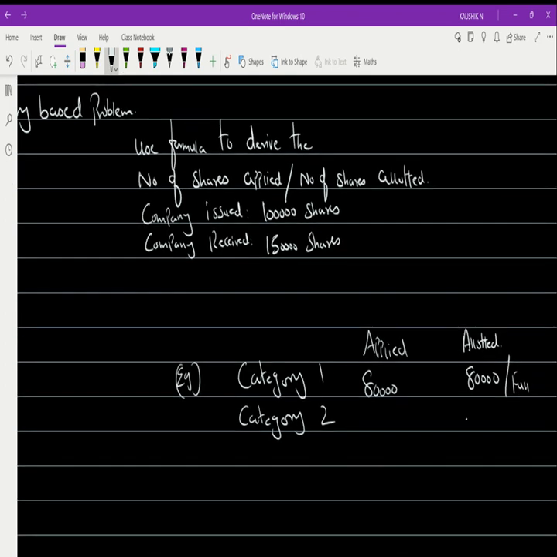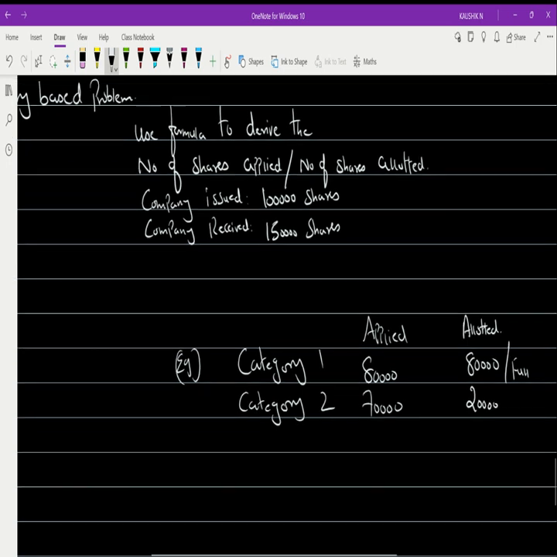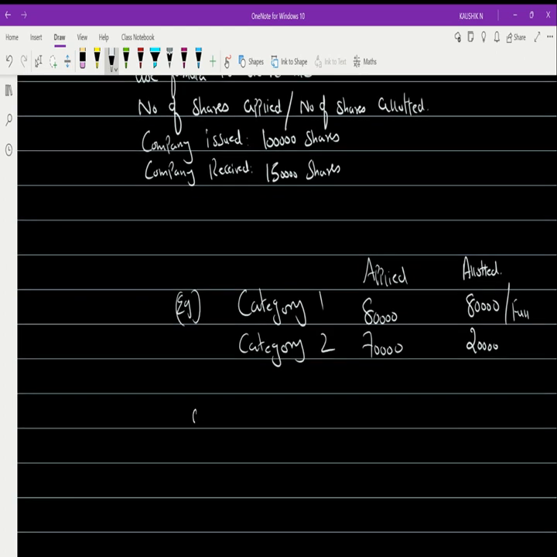In category 2, what will be the remaining balance if 80,000 goes out of 1 lakh 50? It is 70. For the 70, the company is allotting only 20. Now it is mentioned that one shareholder belonging to category 1 or 2. Let us take 1 itself.